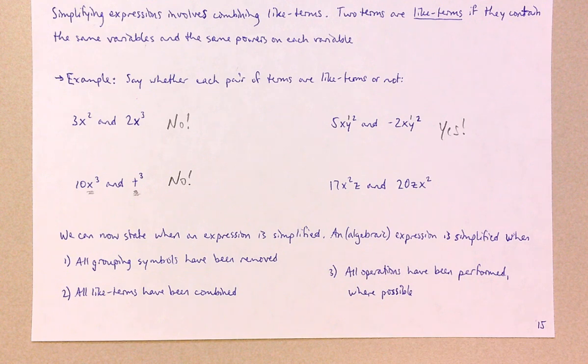And three, all operations have been performed where possible. So the three things: grouping symbols are gone, like terms have been combined, all the operations have been performed where possible. And when we say all operations have been performed, we mean operations having been performed on those like terms.